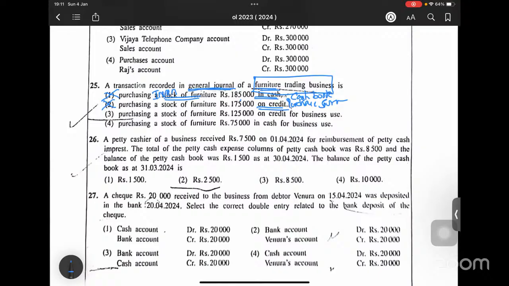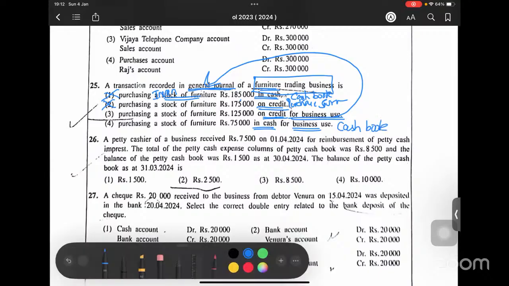If we are buying for business use, then that can come under the general journal, and he's buying on credit. So obviously it's under the general journal. The fourth answer, purchasing furniture, this also for business use but in cash, then that goes under the cash book. So the answer is the third one.